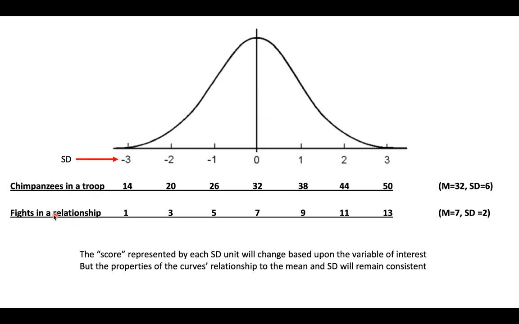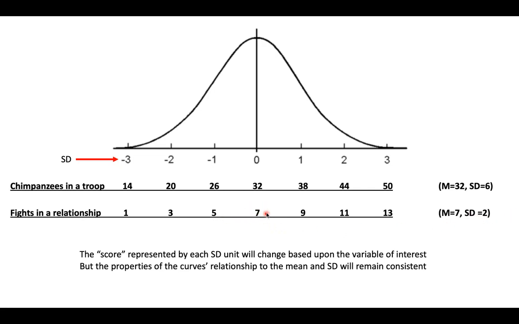Now let's completely change our variable. Let's say the number of fights in a relationship per year. Let's say that we're a social psychologist studying romantic relationships, and we want to understand partner conflict. So we collect a bunch of data with people in relationships. We find that the average number of fights in a year is 7, with a standard deviation of 2.